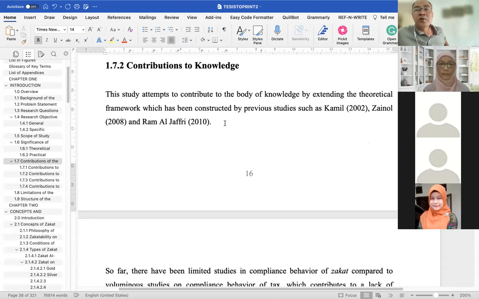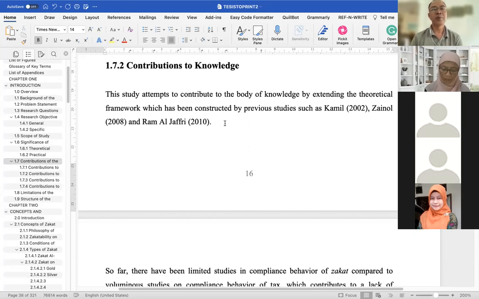Maybe you introduce new variables that have not been included in the theoretical framework of studies related to the topic, but the variables you include might come from other theory.